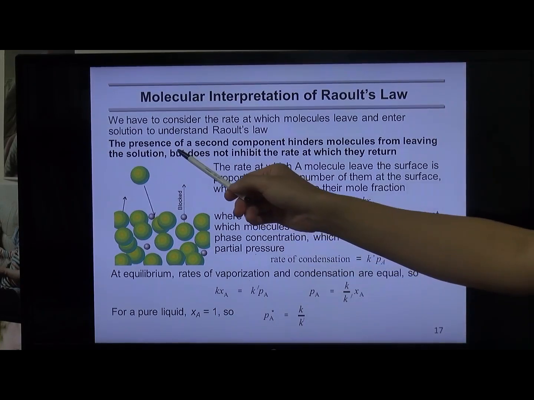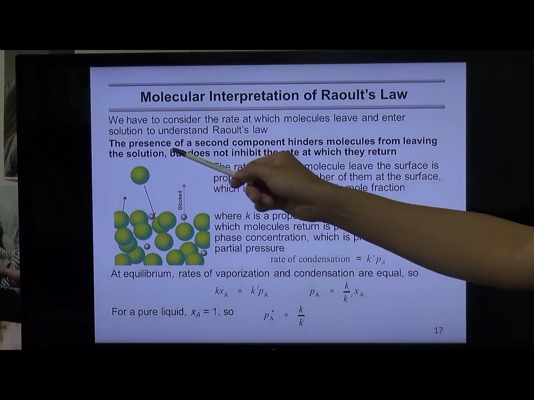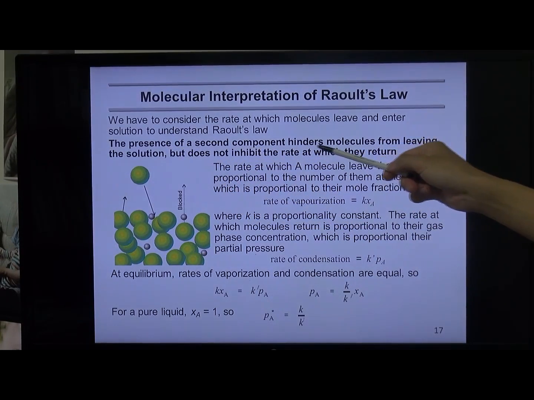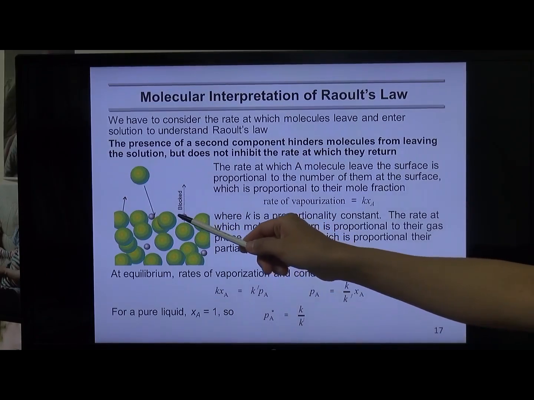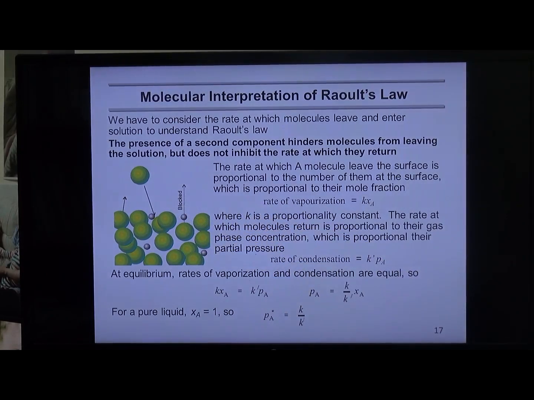In a mixture, the presence of a second component hinders molecules from leaving the solution. That's obvious, right? If there is only A, then it can evaporate easily, freely.